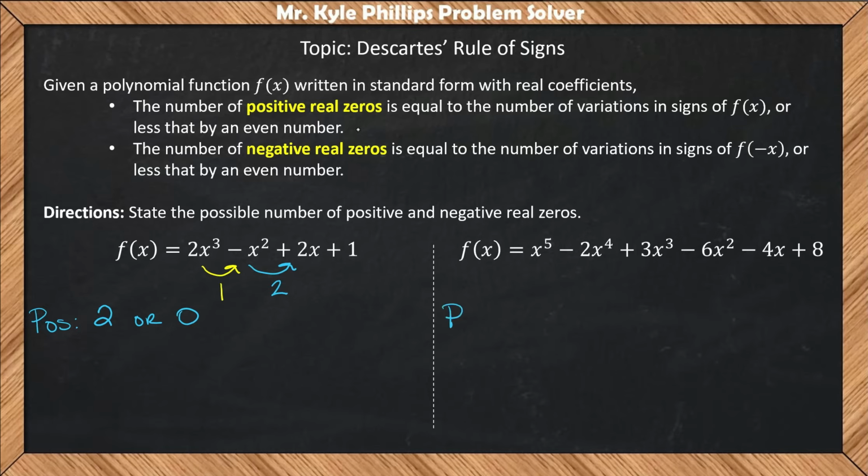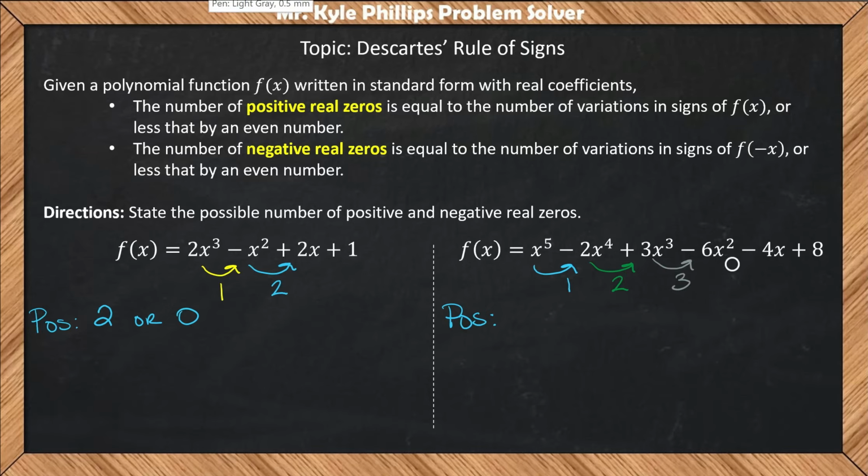Now we can do the same thing over here. If I'm talking about positive real zeros, I start here at positive 1, and then I go to negative 2. That's a change. I go from negative 2 to positive 3. So that's the second sign change. I go from positive 3 to negative 6, so that's going to be my third sign change. I go from negative 6 to negative 4.